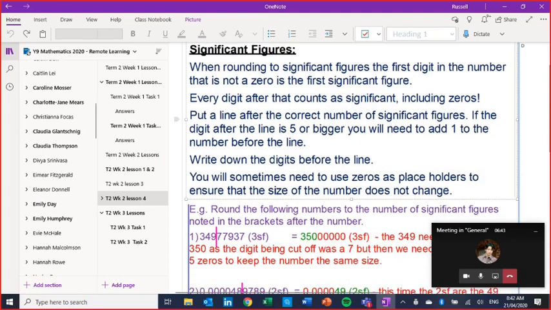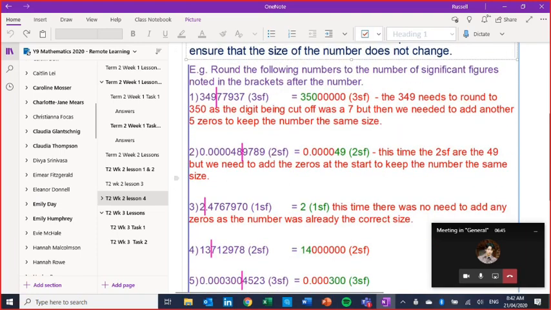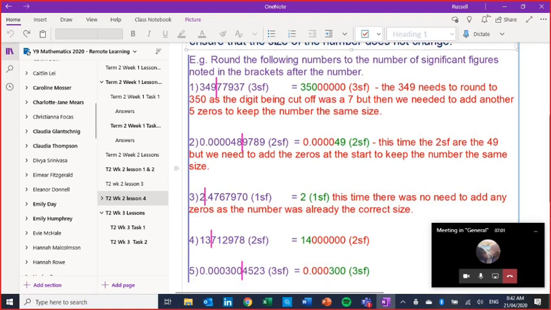Every one after that counts, including zeros. So, you have an example here, the 7, 3 significant figures. The 7 rounds the 9 up to 350. Again, 3 significant figures. And you need to add zeros to keep the size.